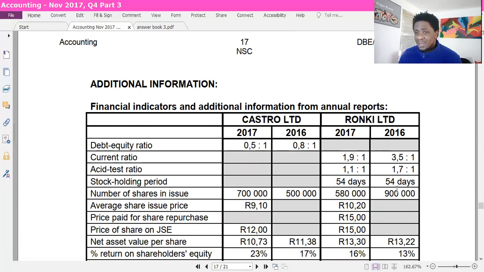That is about 33.3% ownership of Ronki Limited. But now that Ronki Limited has bought back some of their shares, he owns 300,000 of 580,000 shares. So now it means that he is the majority shareholder of Ronki Limited. So that is the first benefit for not reselling.